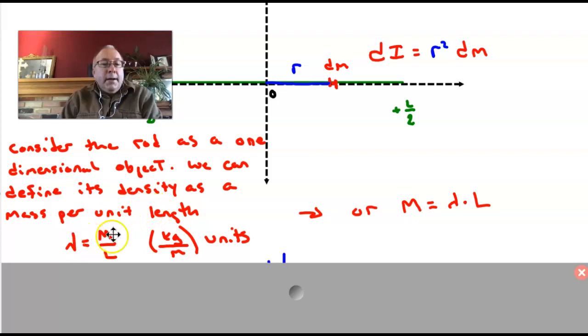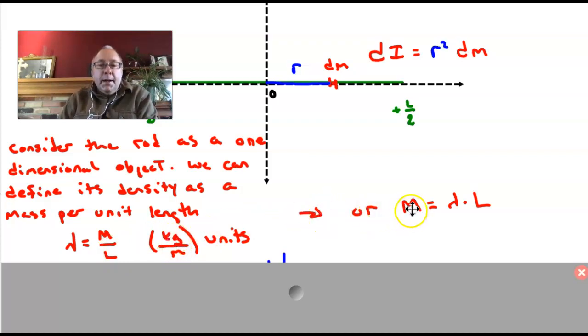So we can define that as, it's like if you put a meter stick on a balance, if it's made out of wood, it would have a certain mass for its entire length. If it's made out of metal, you'd put it on the balance and it would have a different mass per unit length. So that mass density just tells you what the mass is over L. So the units would be like a kilogram per meter using our SI standard physics units.